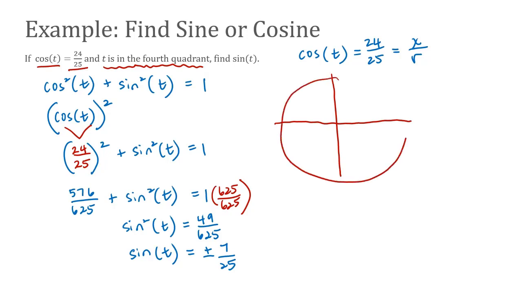In quadrant 4, any ordered pair is going to have positive cosine and negative sine. So if I'm in the fourth quadrant, then the sine of t is going to equal the negative version of this answer. And if you go back to some of my previous videos, I hope you see that I got the same answer.